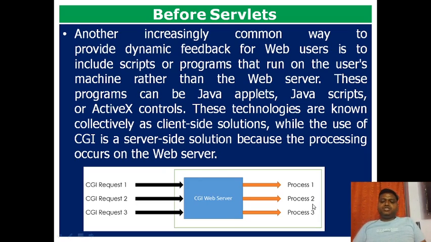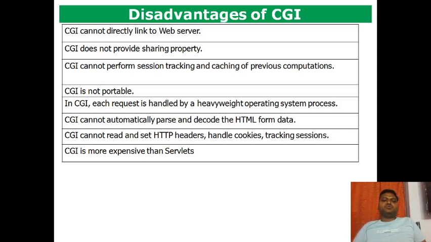That means you require more memory, more processor time, more processor capacity, and you have a lot of garbage collection to do. You have to initiate a lot of programs. That is a major disadvantage. What is the major disadvantage? CGI initiates an operating system process with every request, and these operating system processes are heavyweight components.